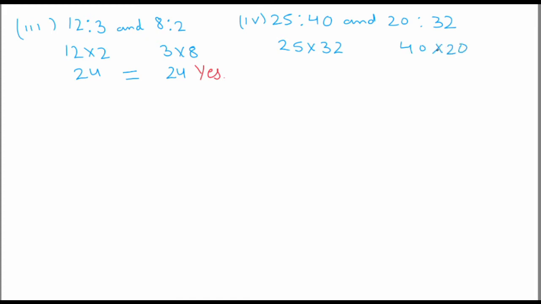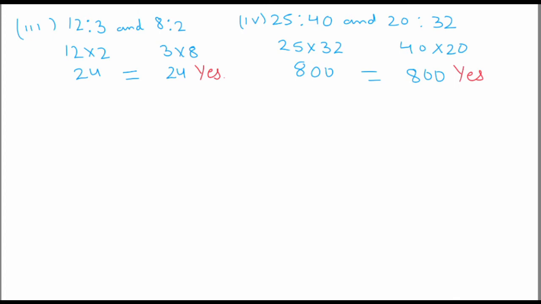And when we multiply both of them, we will get 800. That means both the ratios are equal, and hence we call it a proportion. So yes, it is in the proportion, we can say so.